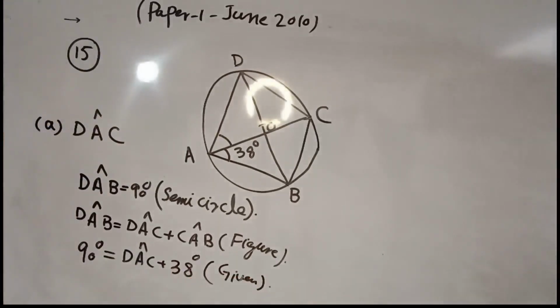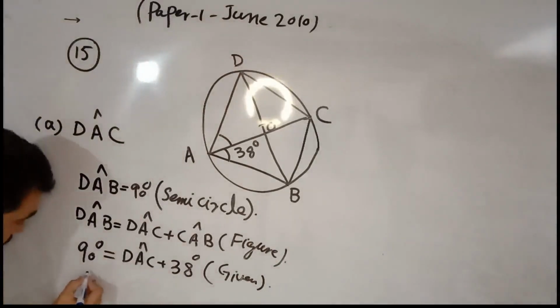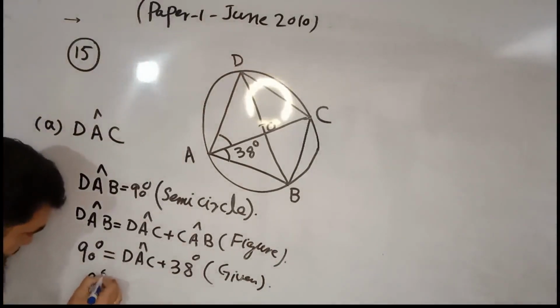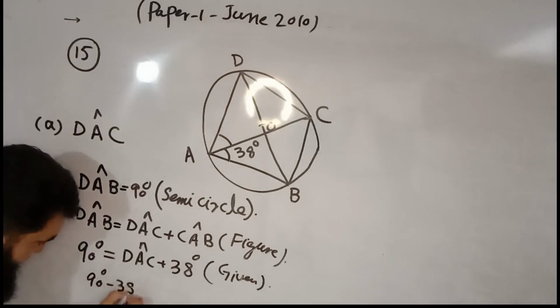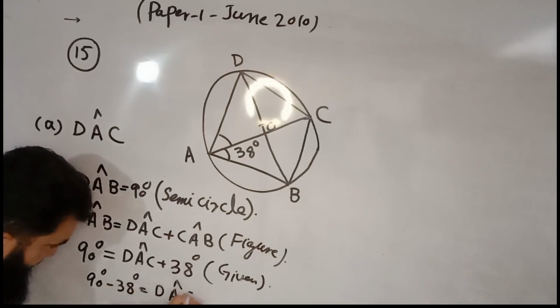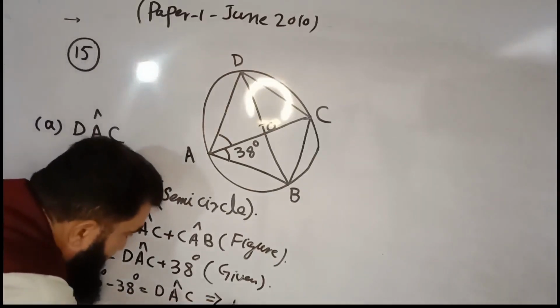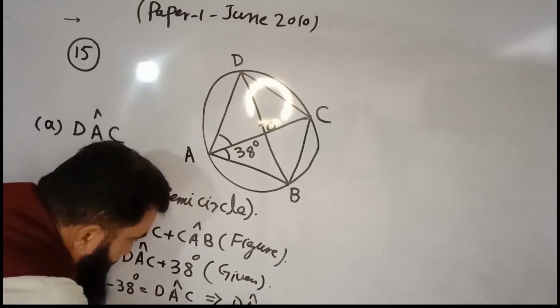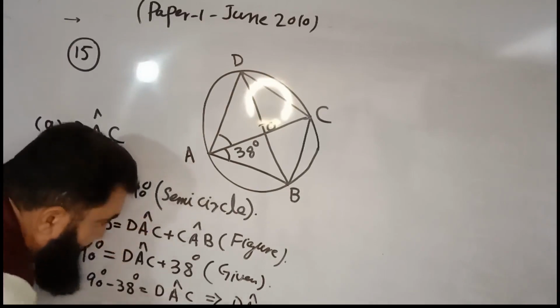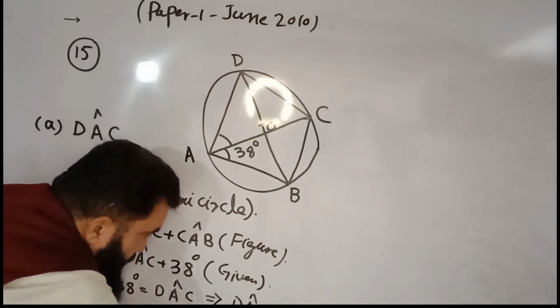Okay. So let's simplify it and find DAC. Then 90 minus 38 is equal to DAC. This implies that DAC is equal to 90 minus 38, which is 52 degrees.